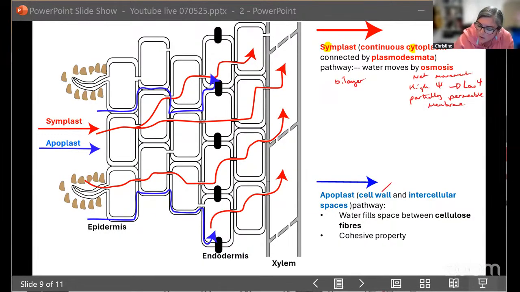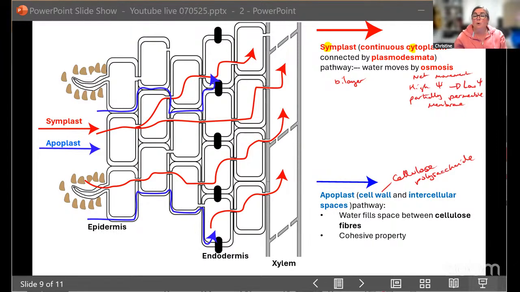The cell wall has the cellulose polysaccharide. Because it's made up of the cellulose polysaccharide, what do we know?